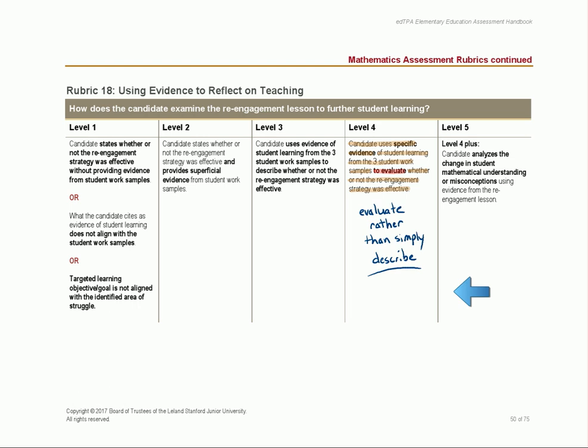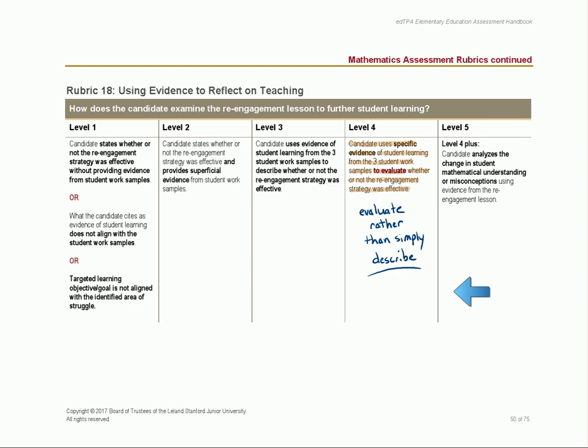We went through what it means to make a chart or table to represent students' work and how you might analyze that work in regards to the 3 that we care about in this task. I've talked about the 3 focus students and the need to focus on an area of struggle, and then to build a re-engagement lesson around that area of struggle that includes particular parts that set you up to do well by that lesson.